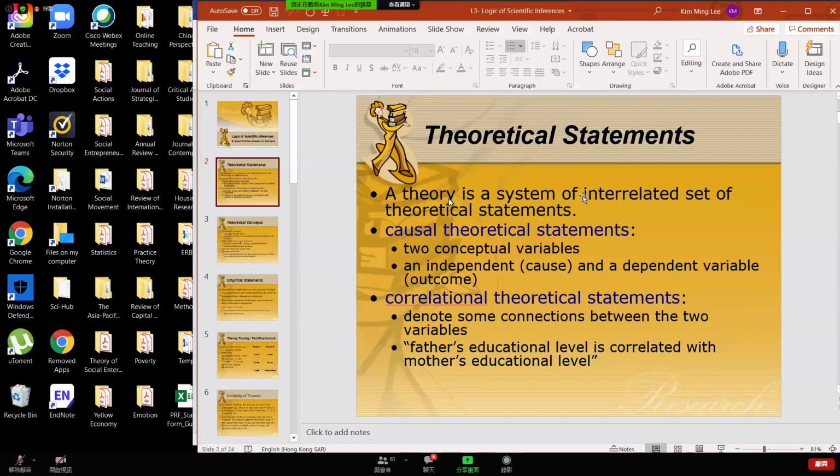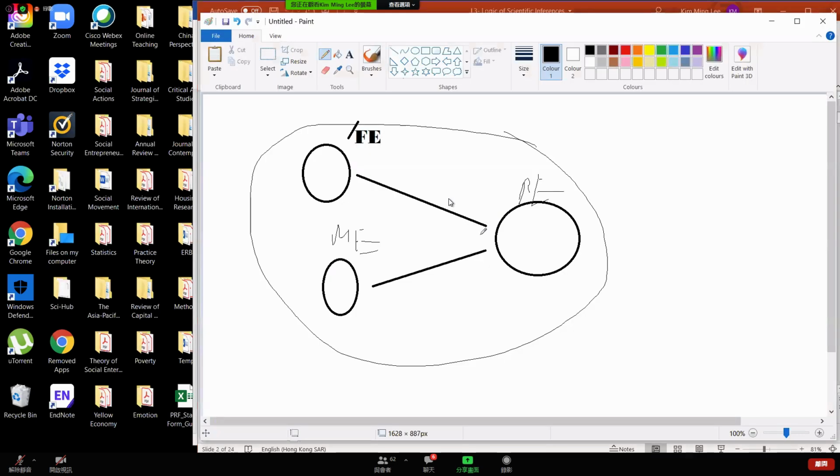A theory is a system of interrelated set of theoretical statements, and in this case we have causal theoretical statements, that means a causal relationship. So instead of just a line, we should put an arrow in it. The arrow means father educational level affects respondent educational level, and mother educational level affects respondent's educational level. This is a causal theoretical statement.